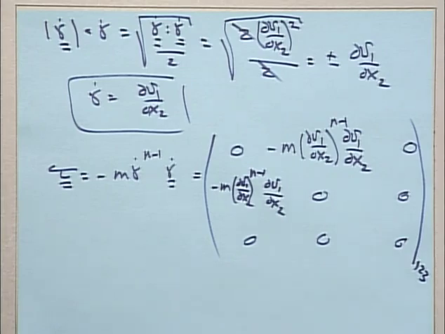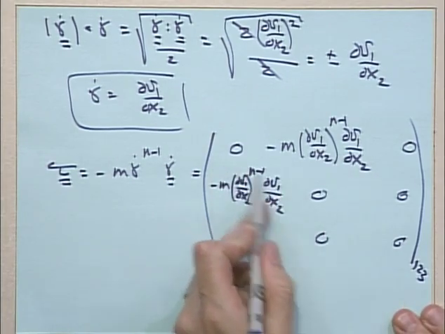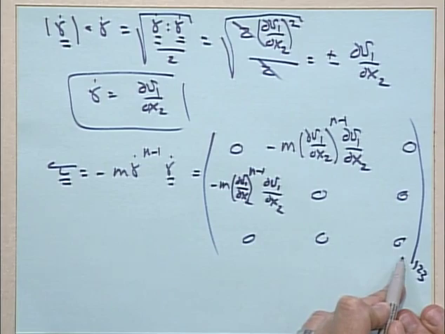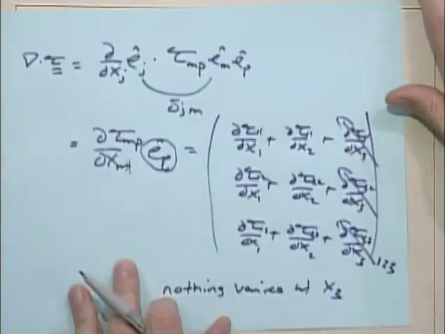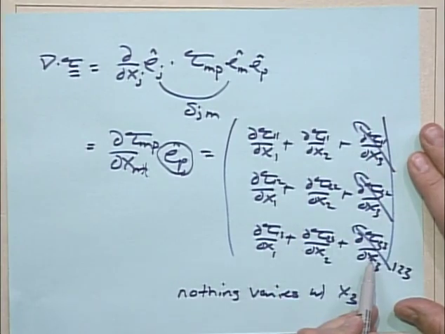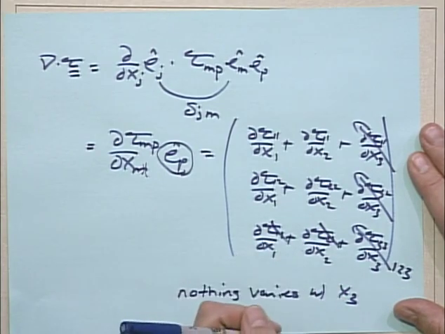We can now go back to our del dot tau, and we see that the 1,1, 2,2, 3,3 are 0, and all the ones with a 3 in it are 0. So these all go out regardless. We didn't really need to strain our brain on this, but it's helpful either way. The 2,2 and the 1,1 are 0.